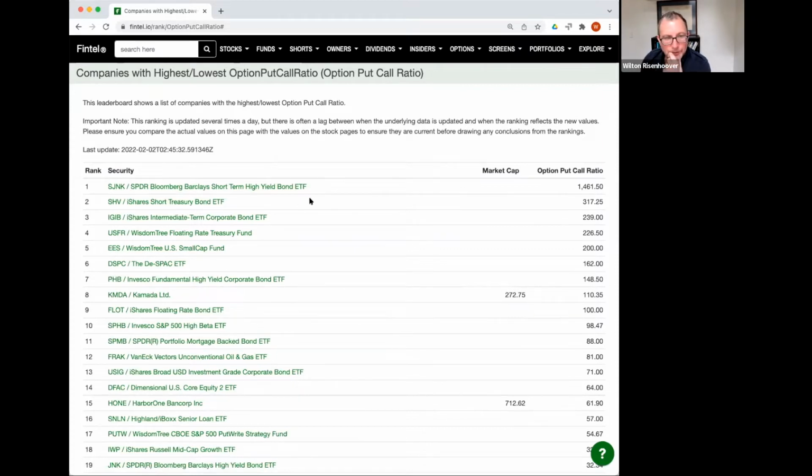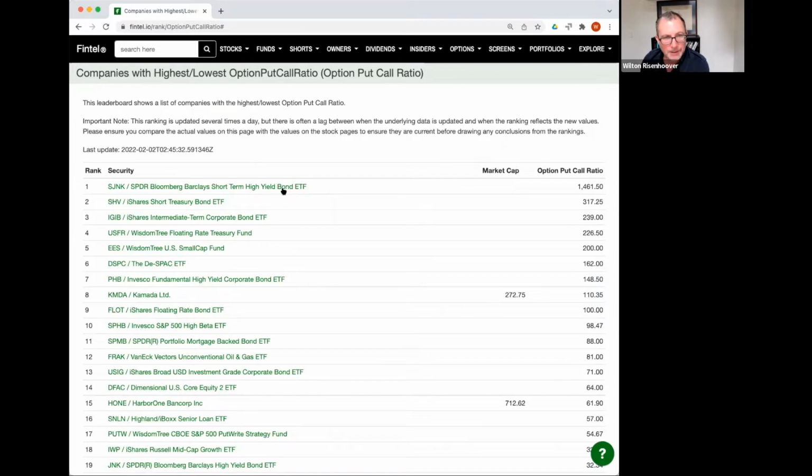You can see that these are all very, very negative sentiment situations here, and they mostly have to do with bonds, which suggests that the options market has a very negative outlook for bonds right now.